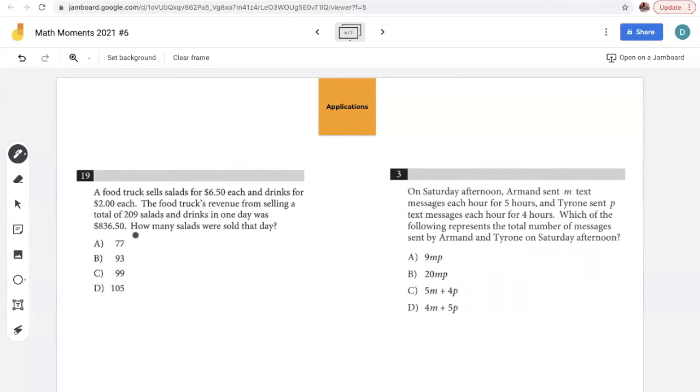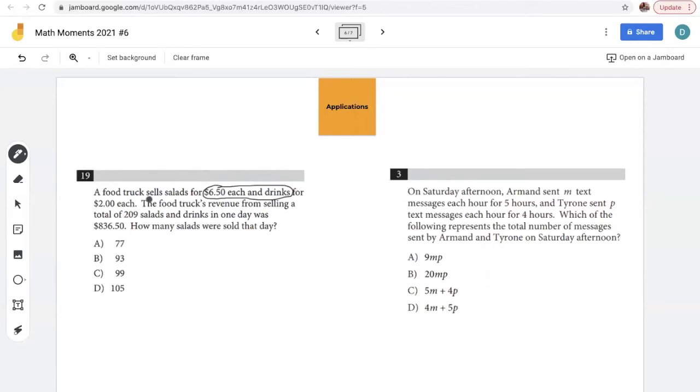Wow, that is a lot of information, and it takes a minute to process what we're looking for. So we want to make 2 functions, essentially, and we're going to find where they intersect. Now, we want a function that tells us the price of the salads and the drinks.